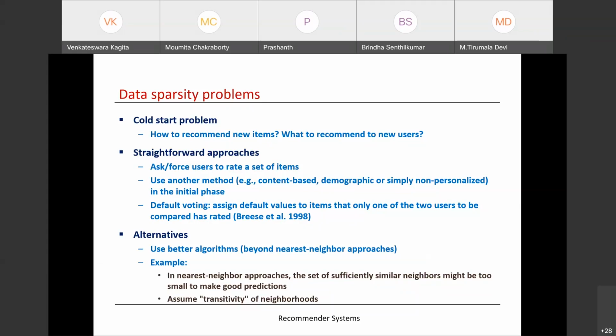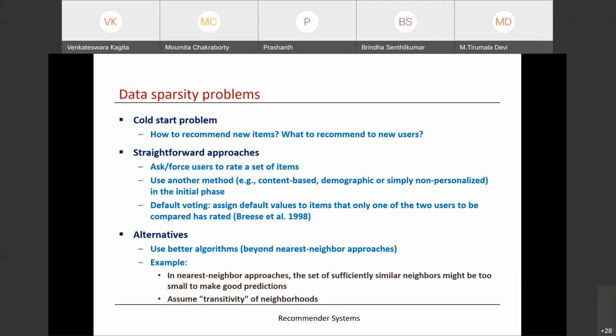This is another approach: initially, use a different approach to make the recommendation, and when you get a sufficient number of preferences from the user profile or the item profile, you make the prediction based on the collaborative filtering approach.